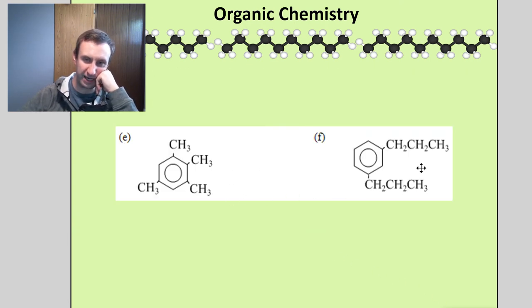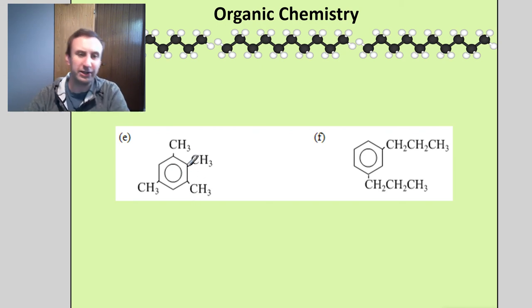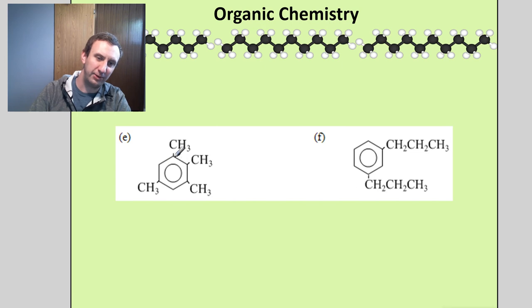So we could actually name this one in that way. F would be interesting to do in both ways. I can't do that for E because I have more than 2 branches. I've got 4 branches here. So how would we name this? You've got to figure out a way that gets the lowest numbering possible.